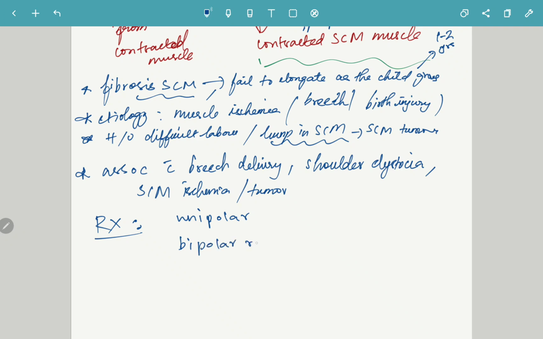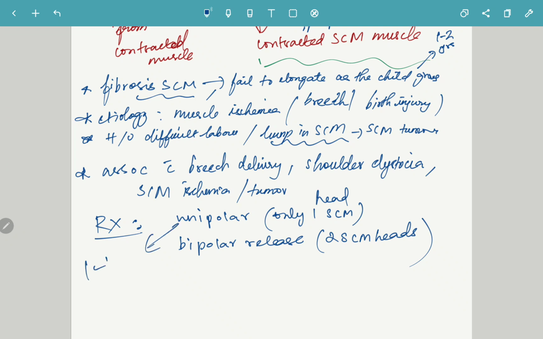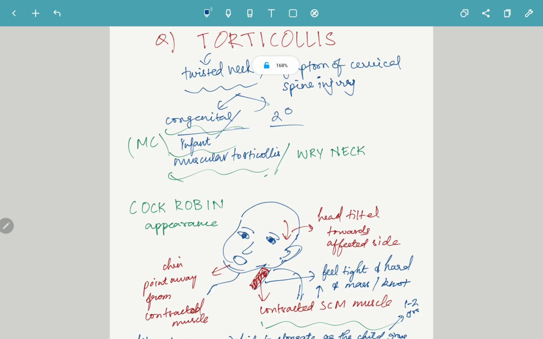Unipolar release involves only one head of the sternocleidomastoid muscle, whereas bipolar release involves both heads. And when do you generally do this? The optimum age is 1 to 4 years. So this is all about torticollis.